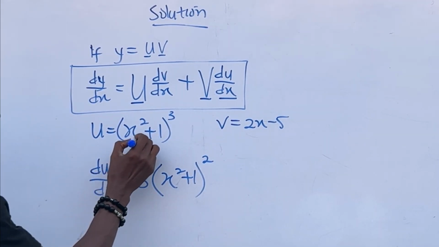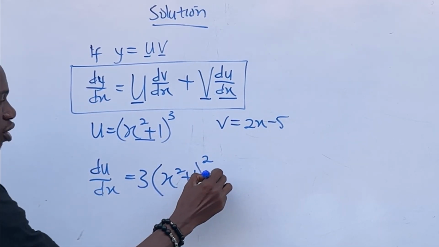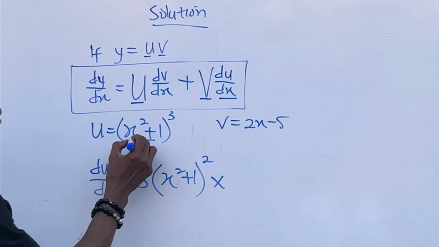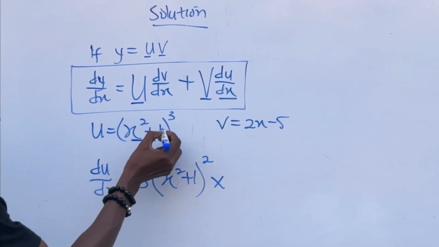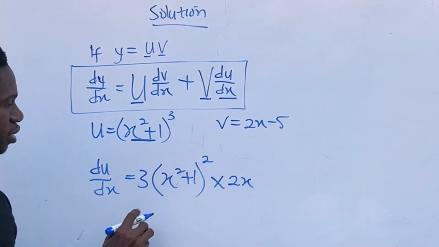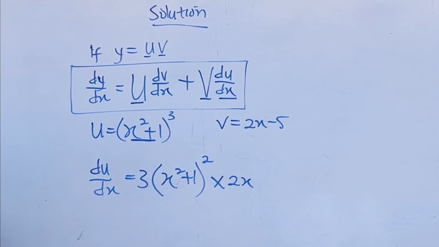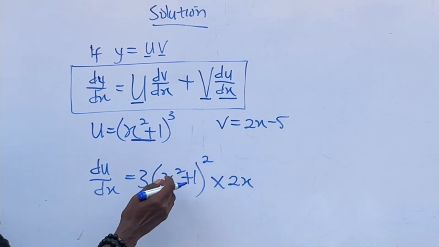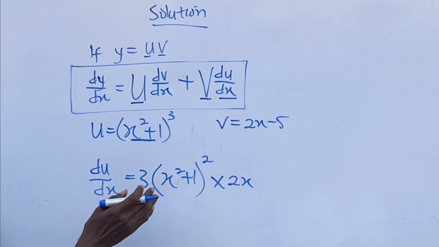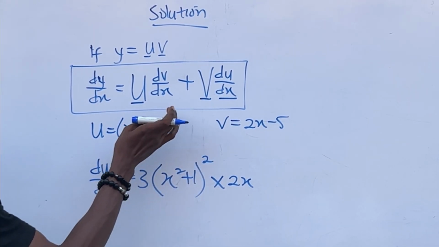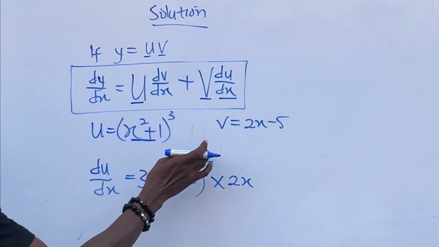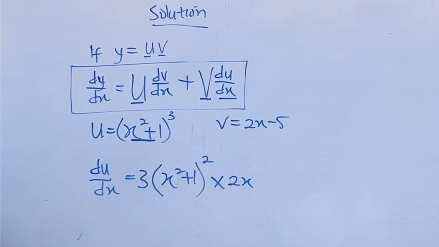But now, for this inner function in the chain rule, you multiply by the derivative of the inner function. Differentiate x squared plus 1: differentiate x squared, that's 2x; differentiate 1, that's 0. So remember, I'm applying the chain rule on the fly. 3 comes down, 3 minus 1 is 2, standard differentiation.